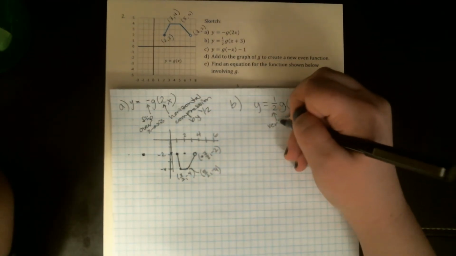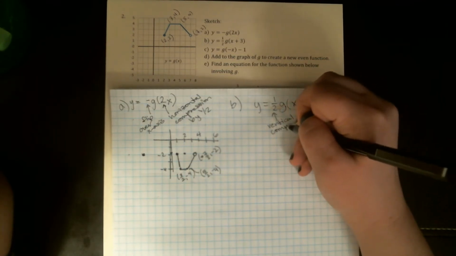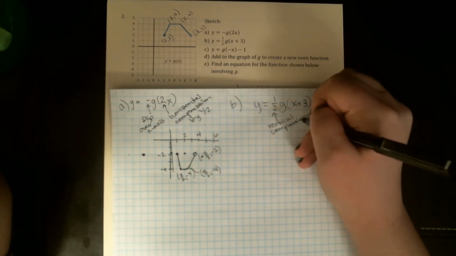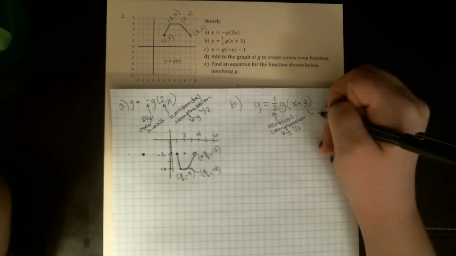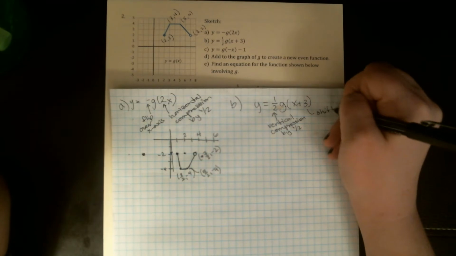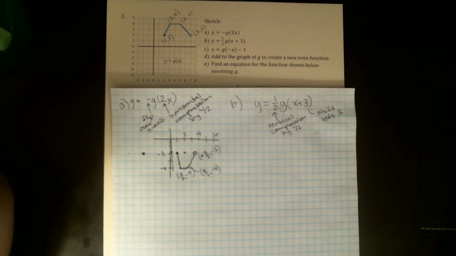So that's a vertical compression by 1/2. And then this is a shift to the left 3. Again, watch the x's. If you want to keep your y the same, you're going to have to plug in something that's 3 smaller than before. So it's actually going to shift to the left.